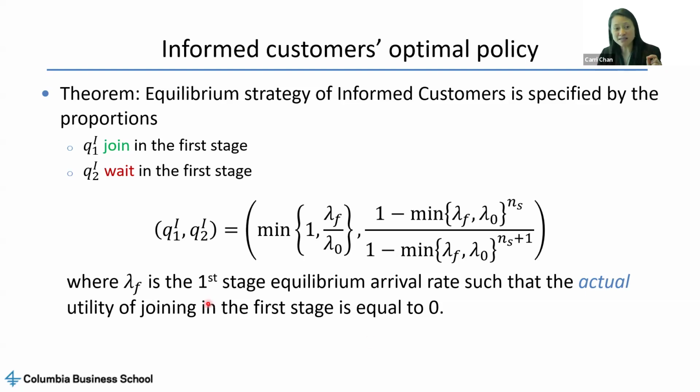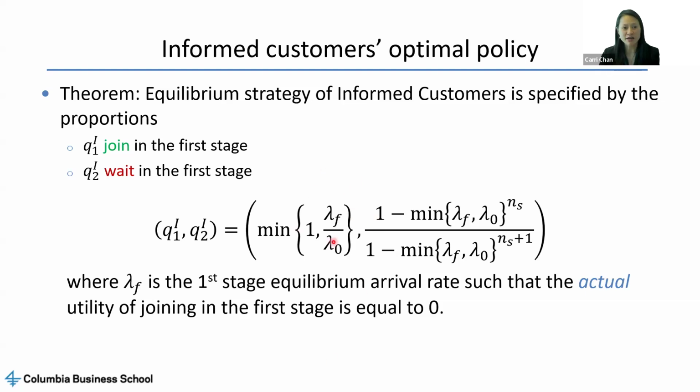If the arrival rate is higher than that, the utility is going to start to become negative. We're able to show that it's monotonic. So this is the threshold at which this total number of customers are going to join the system. Anything above it will not, and below it, all will try to join, because it's always a positive quantity.